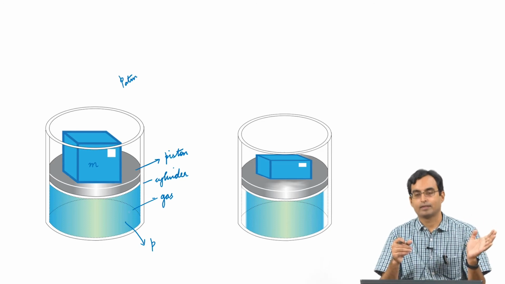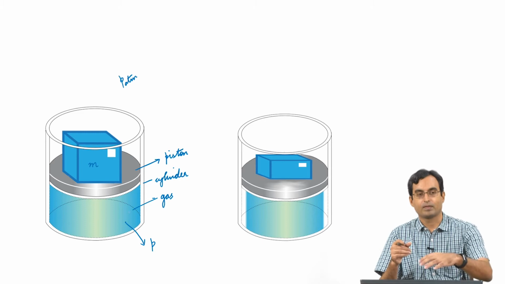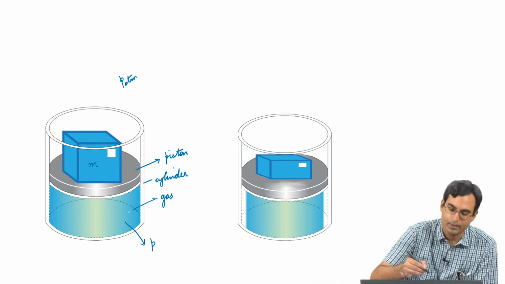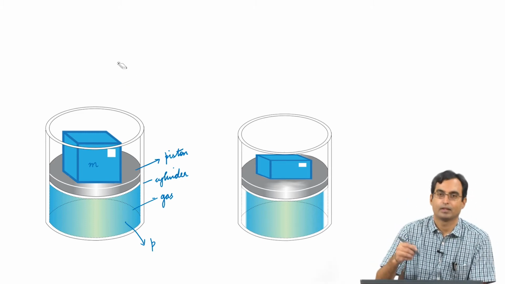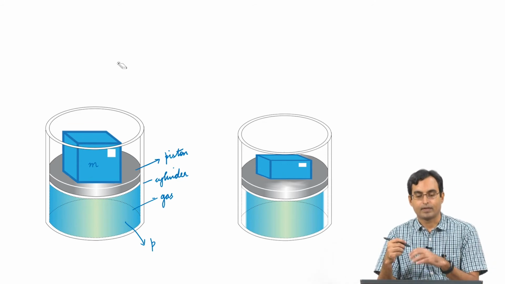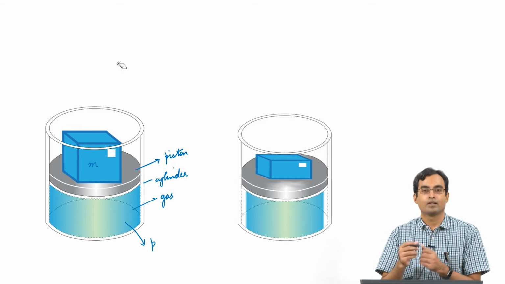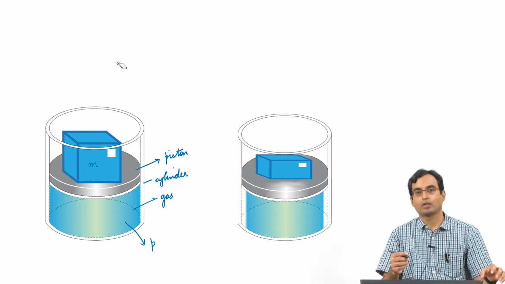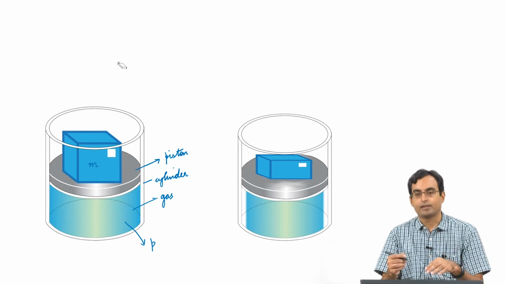For a first cut approximation, I am going to ignore all the outside air also. So, if this experiment was for example done in vacuum, there was no air outside, or even if it is there, let us say it is very small compared to the pressure inside. So, what we see is if I suddenly remove this block, this piston moves up.